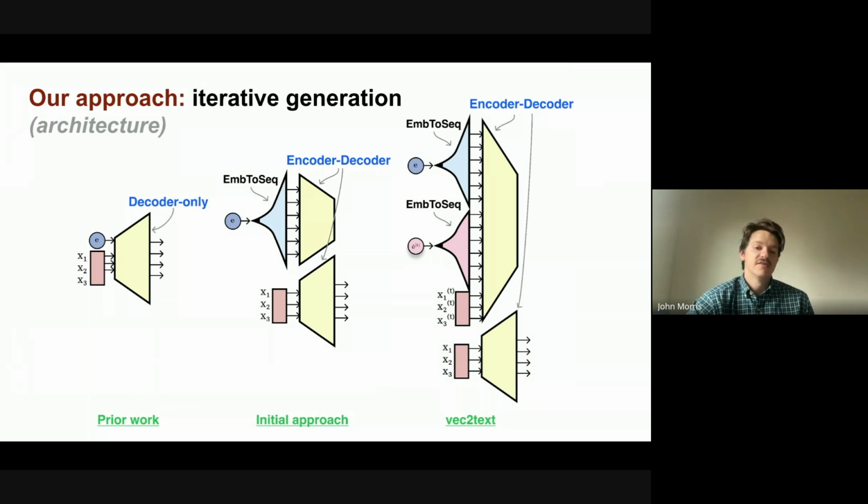So because of this non-differentiability, we would have to use reinforcement learning, and that sounds really hard. I think that is one way to solve the problem, and it's an interesting direction for future work. If anyone wants to try that, maybe it's not as hard as I think it is, but we didn't do that. We actually just trained this as a language model because at training time, we know the X that corresponds to E. So we just put in the true tokens of X here, compute the likelihood of them under the language model, and then just train the whole thing end to end. So all of these are just trained using language modeling loss. Even this.